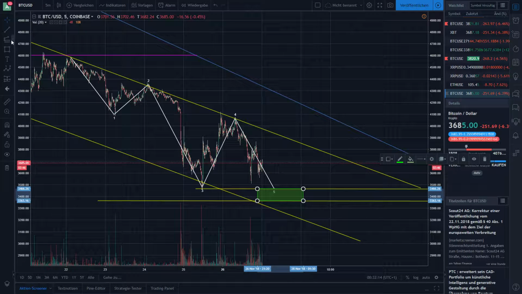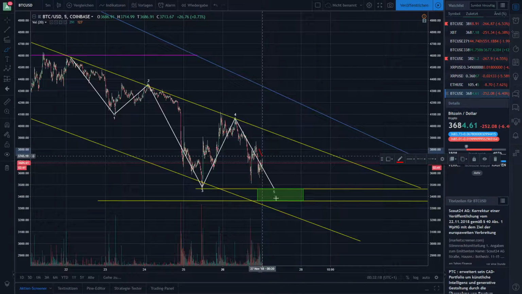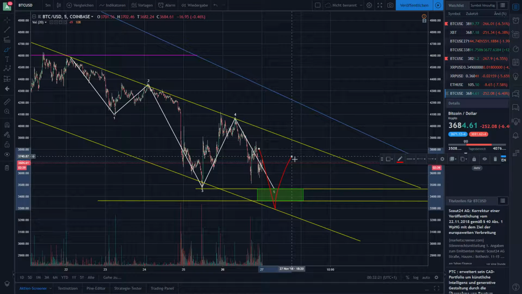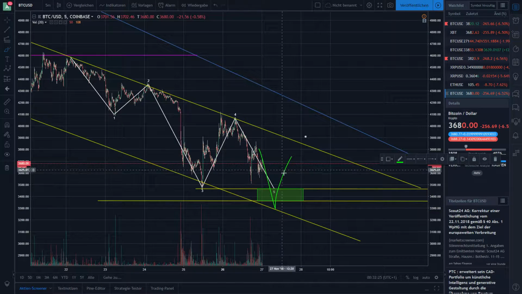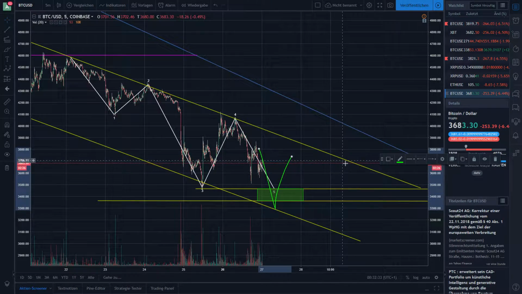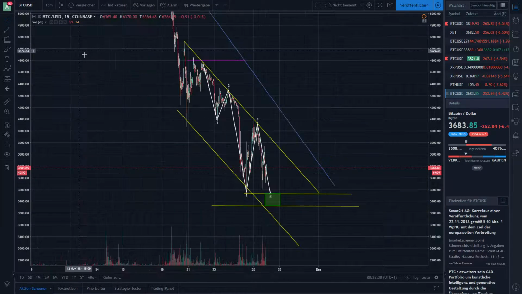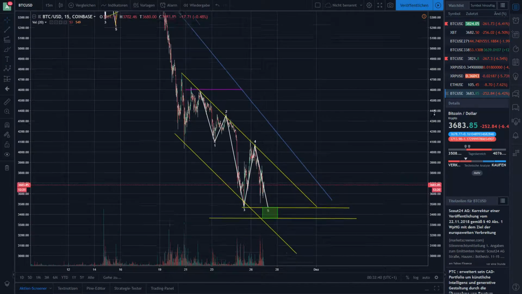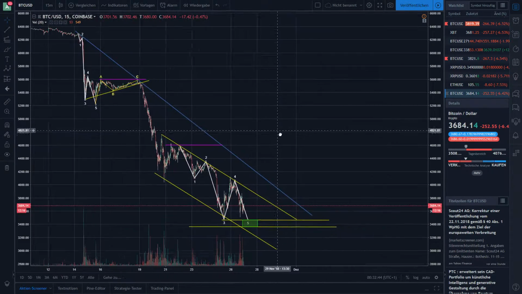If we come down and we don't shoot back up, if we break this here and we don't get rejected, then we're going down. We're going to keep going down. This is not going to look good then. But I'm pretty confident. Wait for confirmation, trade safe.